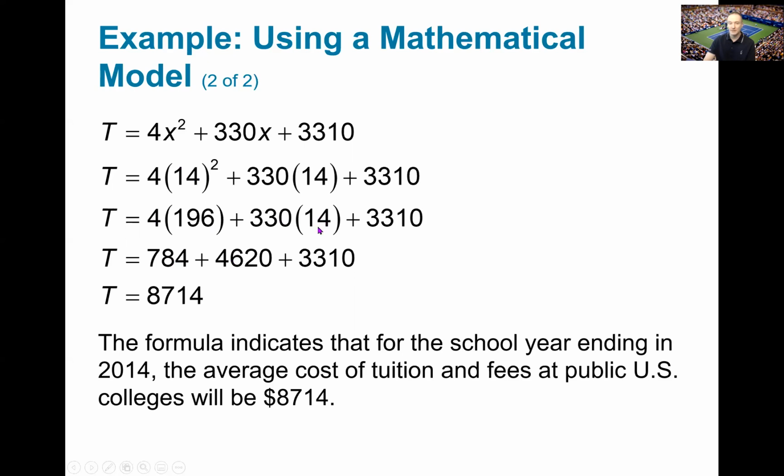Multiply 330 times 14, I get 4,620. Now I add all three numbers there, and I can see that in the year 2014, the average cost at a public college for tuition and fees came to $8,714.